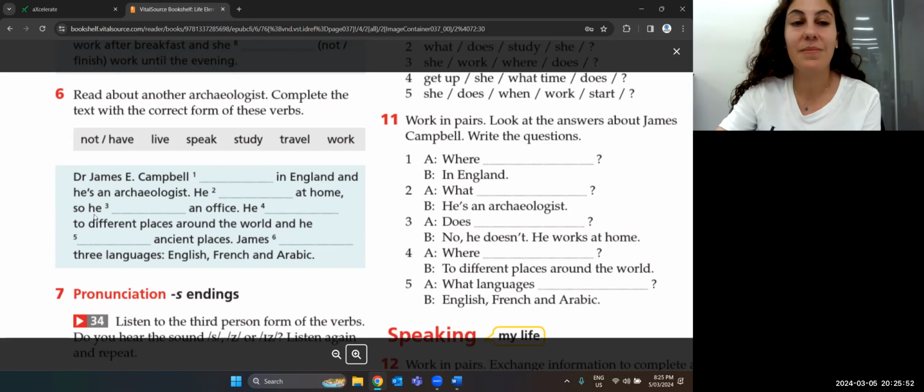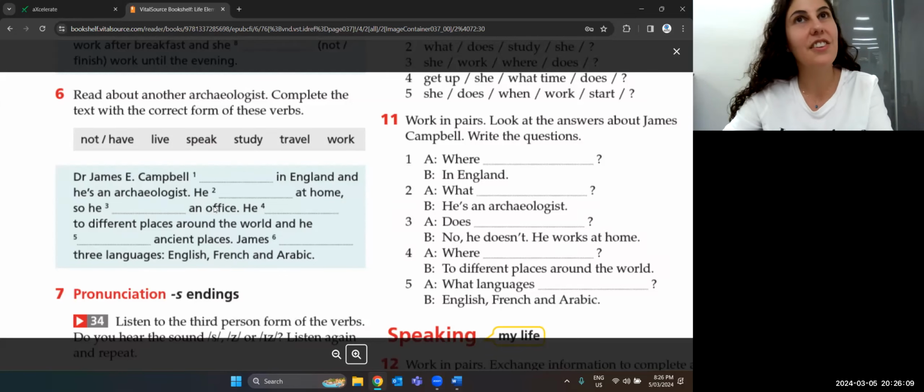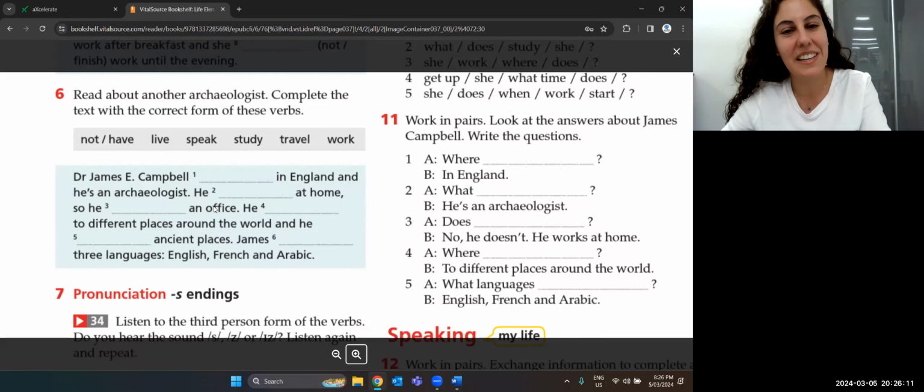So he doesn't have an office. So we need a negative. Yeah. So he doesn't have an office because he works at home. Yeah. But even though, I mean, his home would be his office.